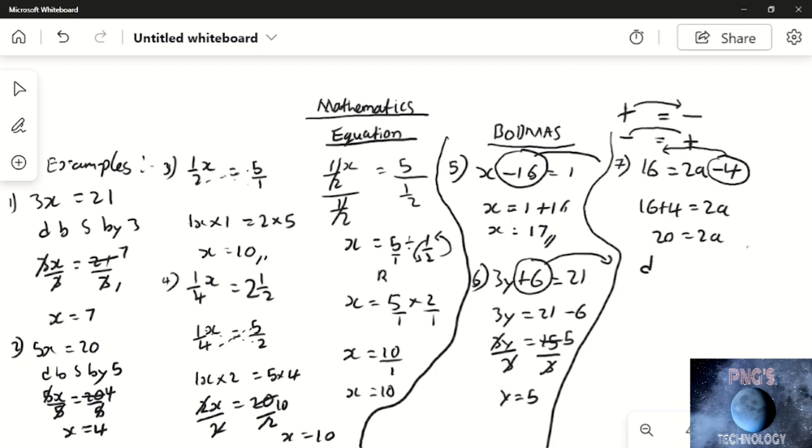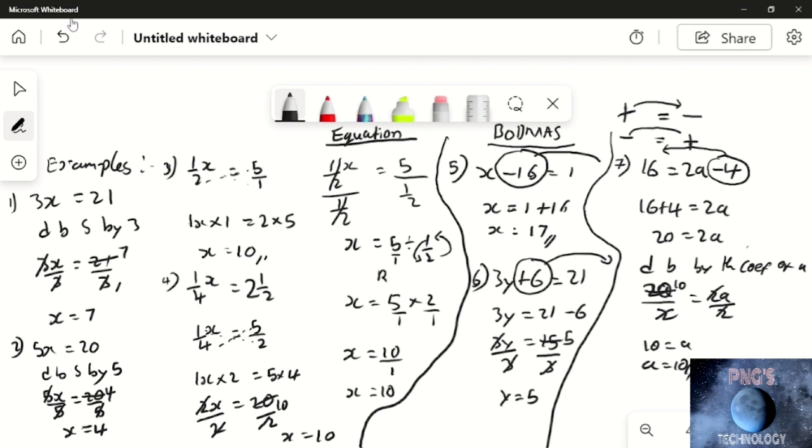So divide both sides by the coefficient of a, which is 2. So 20 over 2 equals 2a over 2. So 2 cancel 2, 2 cancel 20 10 times. So we have 10 equals a, a equals 10. And that's our answer. So let's quickly wipe up part of the board so we can take more further examples.